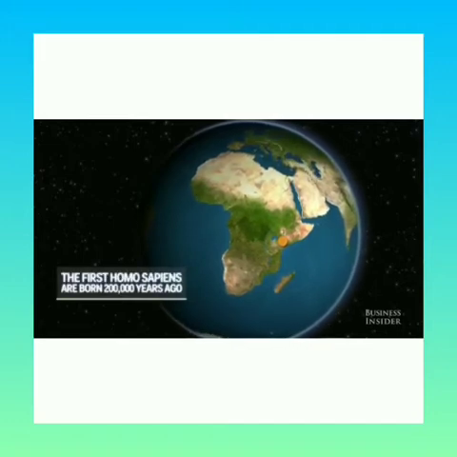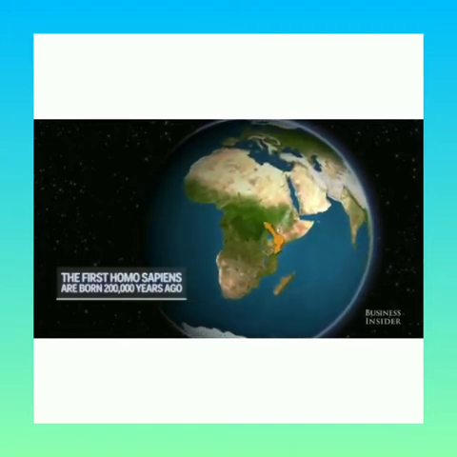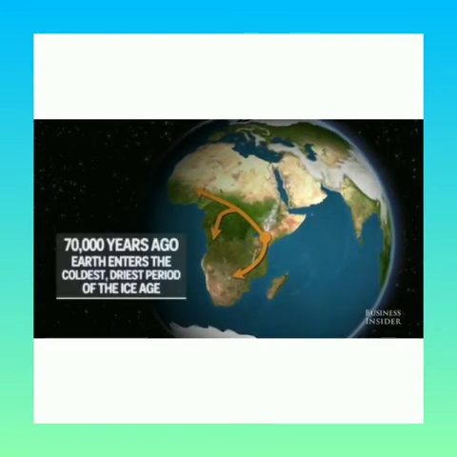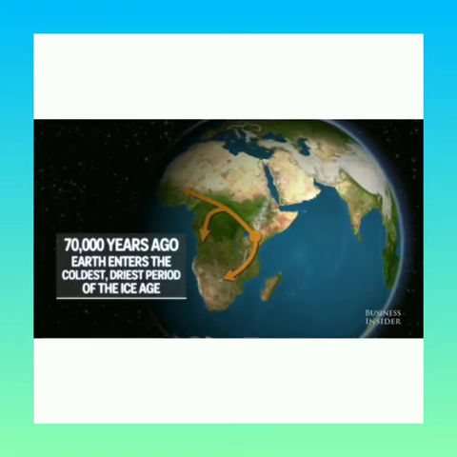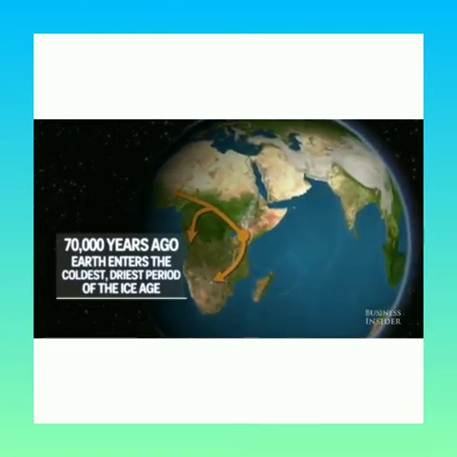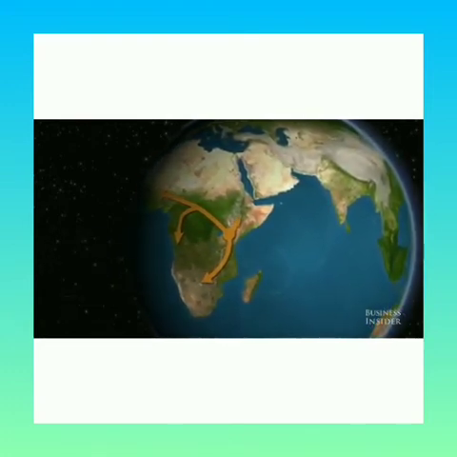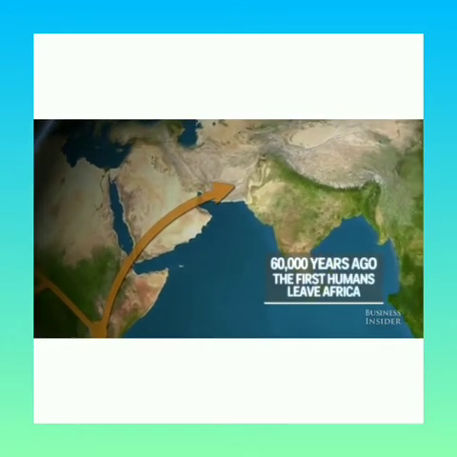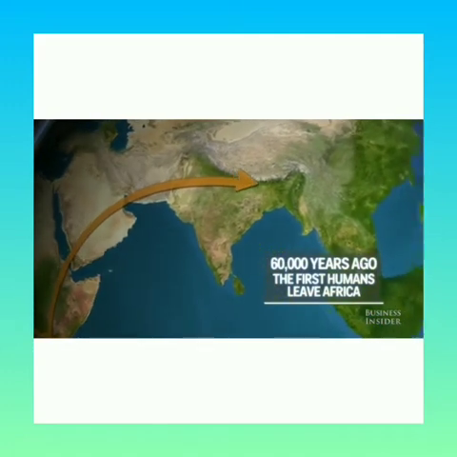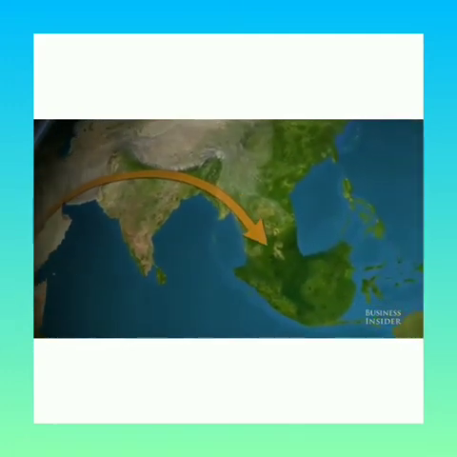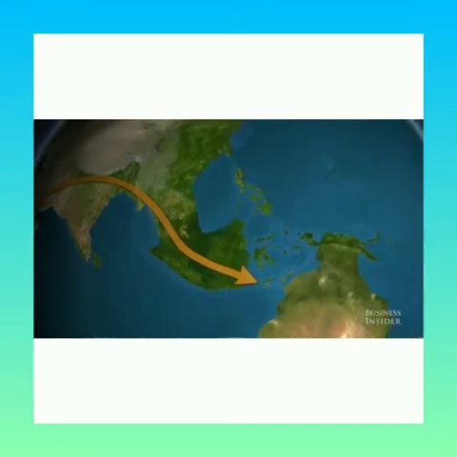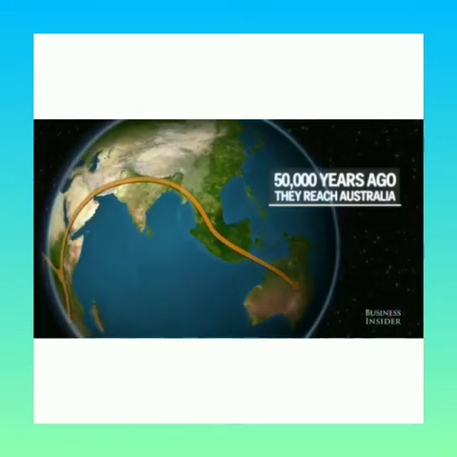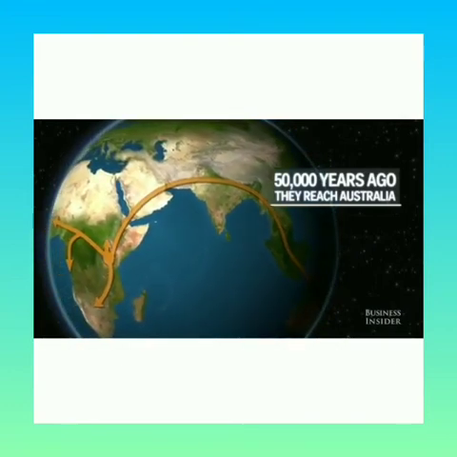The first Homo sapiens were born 200,000 years ago. 70,000 years ago, Earth enters the coldest, driest period of the Ice Age. 60,000 years ago, the first humans leave Africa. 50,000 years ago, they reach Australia.